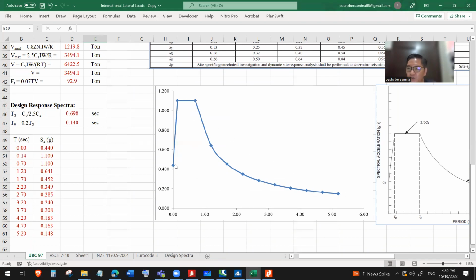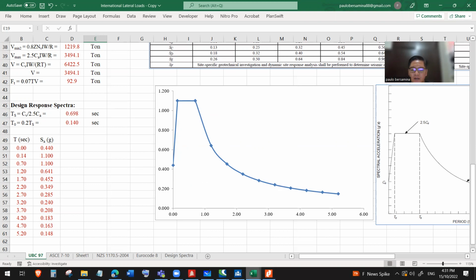Take note, this is already 0.4G na ground motion. So 0.3, 0.4. Ibig sabihin, halos hindi naman nagkakalayo. So that's the spectral acceleration. Meaning, yan yung acceleration on top of your structure.